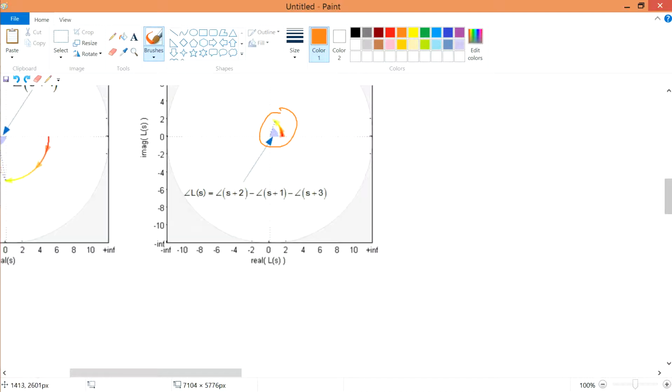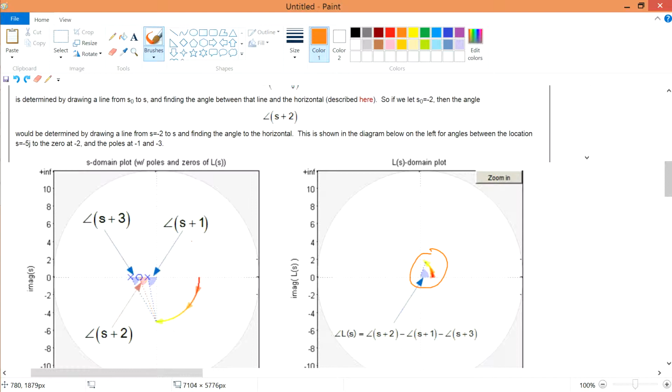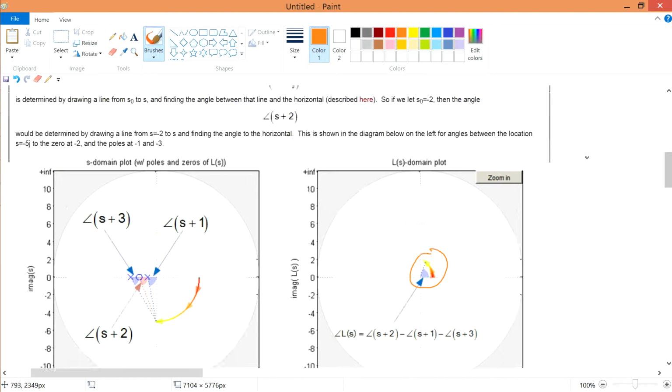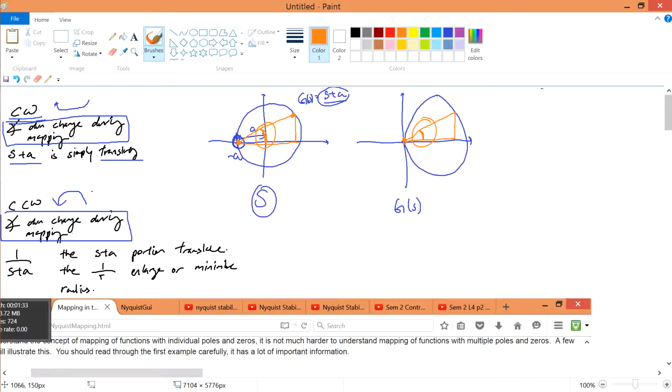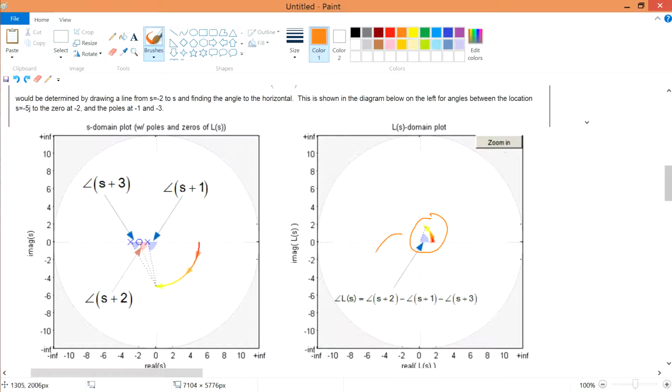This thing is in the S domain, or in other words, it's the same as this one. While this one, in the transfer function domain, is when you sum all the zeros and the poles together.